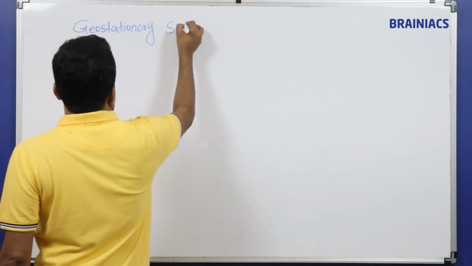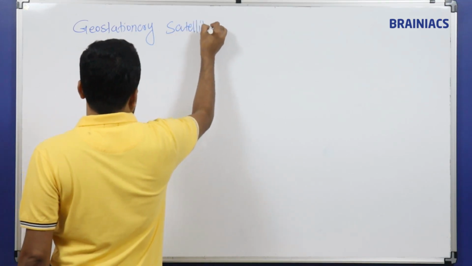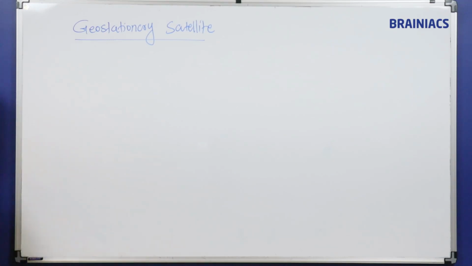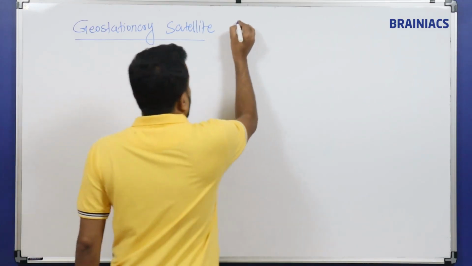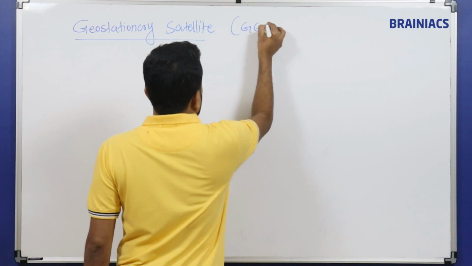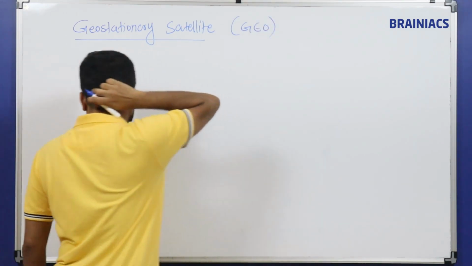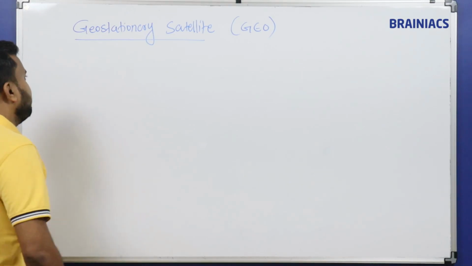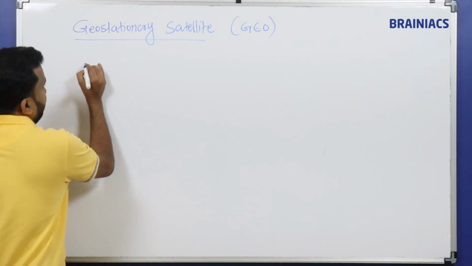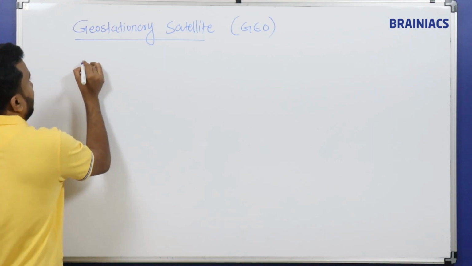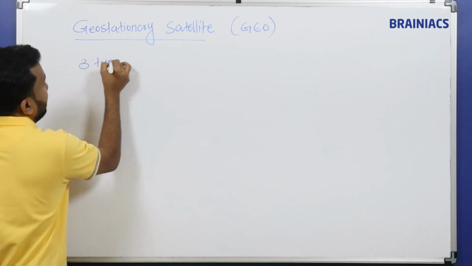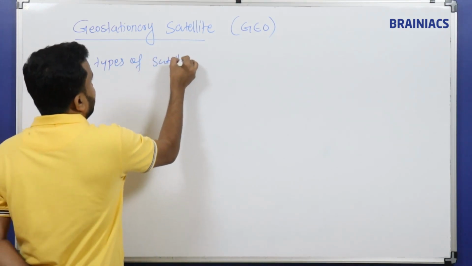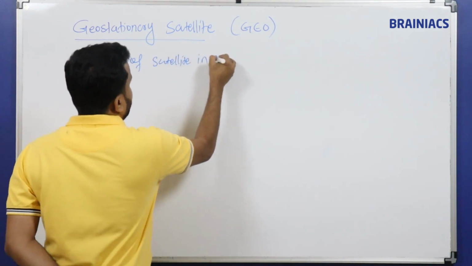The name has its own significance as well. GEO or GEOS, anything you can use to represent geostationary satellites. So let's have a look. There are three types of satellites located in three different orbits.